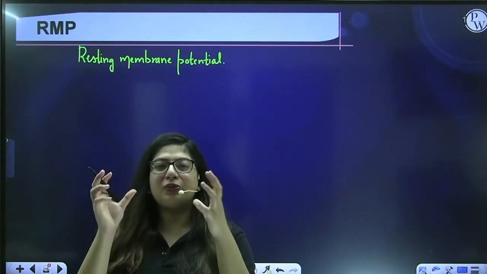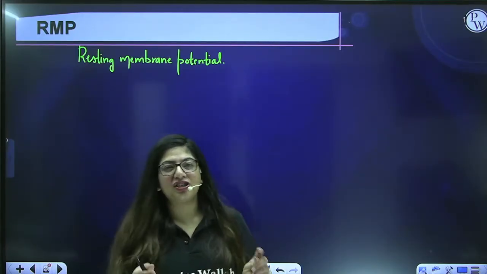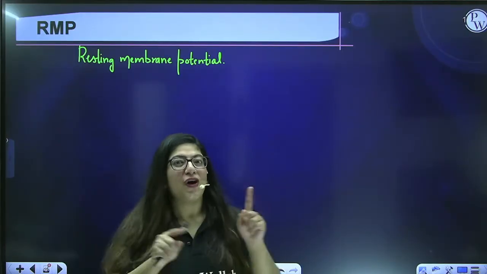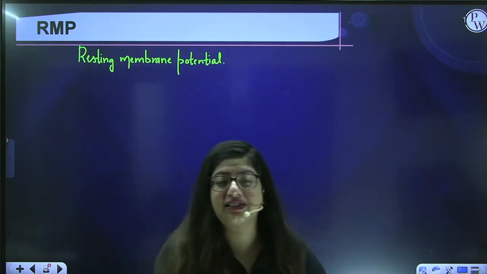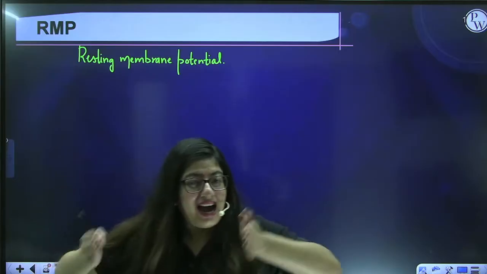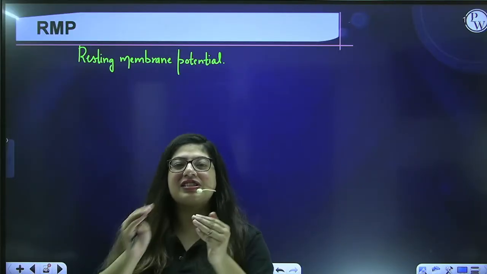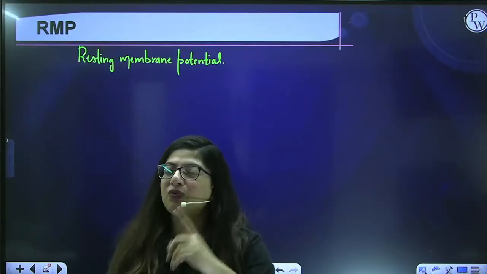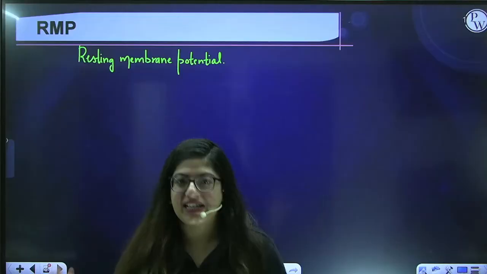And you must have thought, ma'am, but that's a potential. Very true. The resting membrane potential is the potential of your nerve membrane when it is at resting state. Again, RMP is resting membrane potential. It's the potential difference across the cell membrane of a neuron when it is doing nothing, when it is just resting, right?